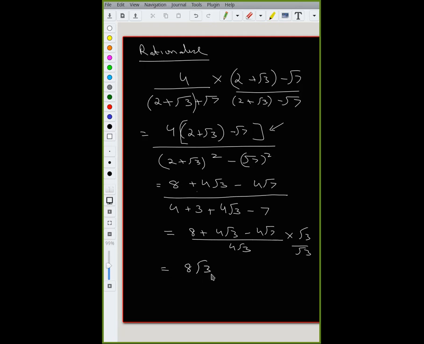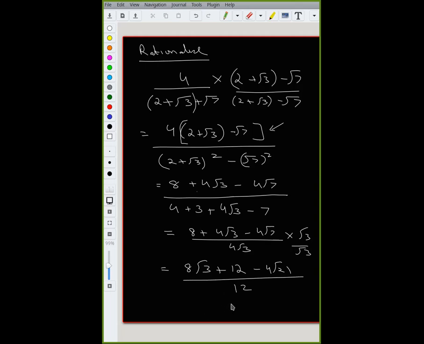8 root 3 plus root 3 into root 3 will be giving us 3 into 4, 12, minus 4 root 21 upon 4 into 3 is 12. But we can do something else also here. Is this clear so far, everyone?